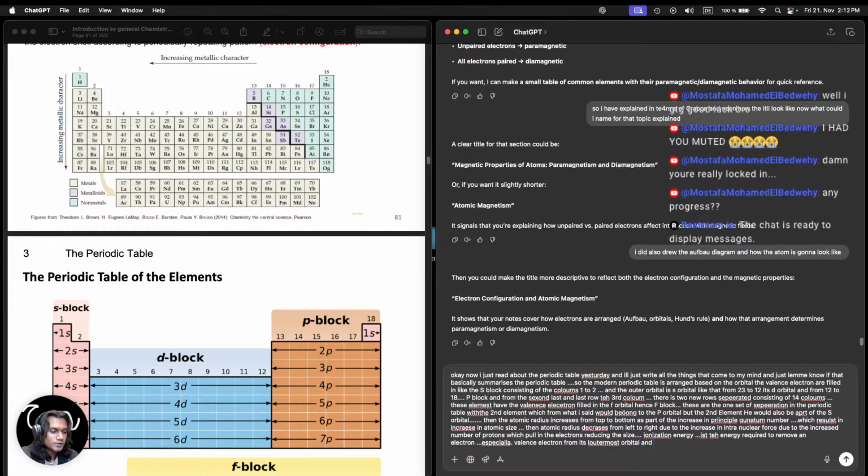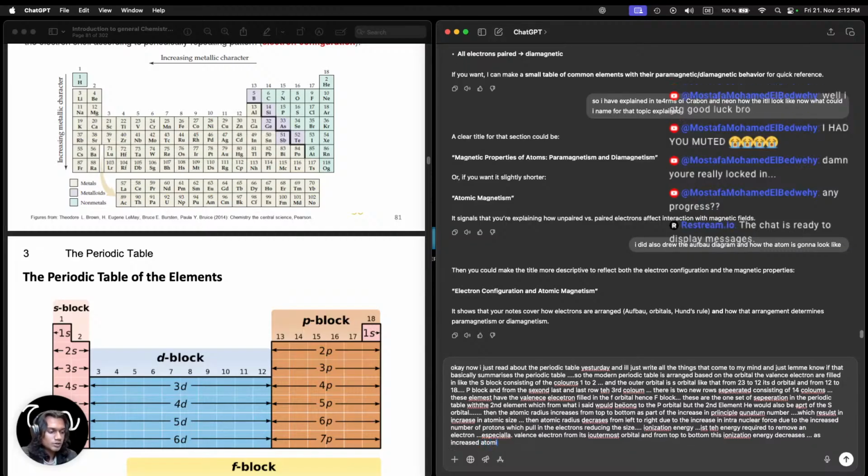From top to bottom, this ionization energy decreases as the atomic radius increases, so easier ejection.